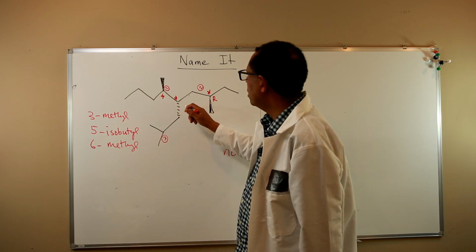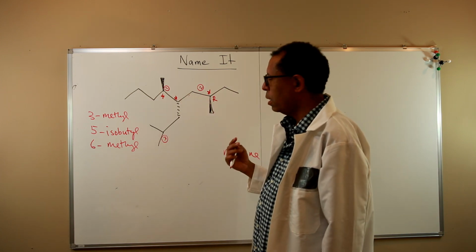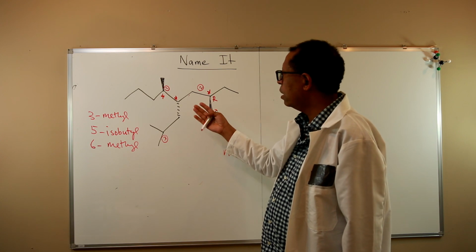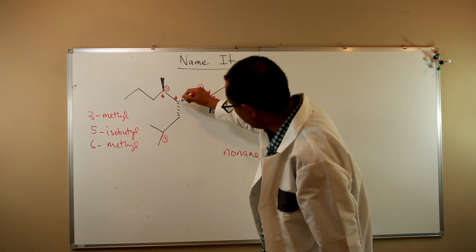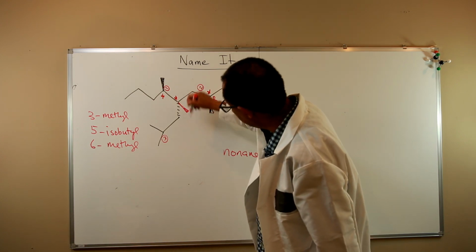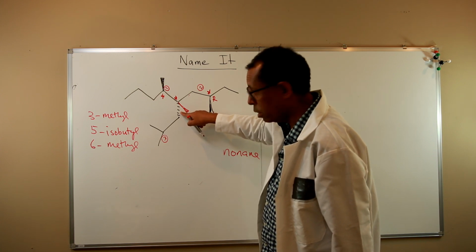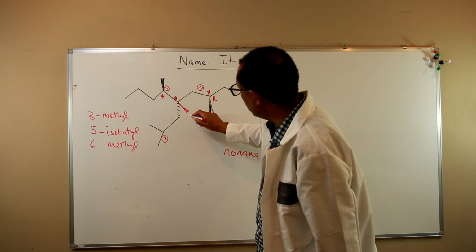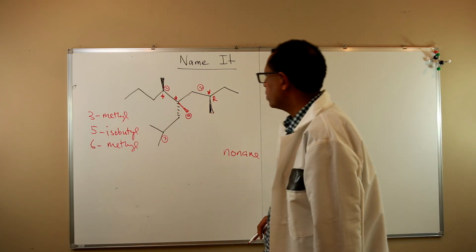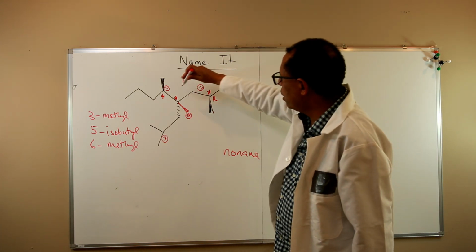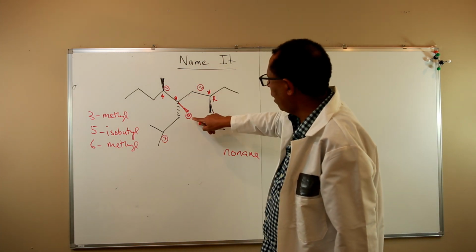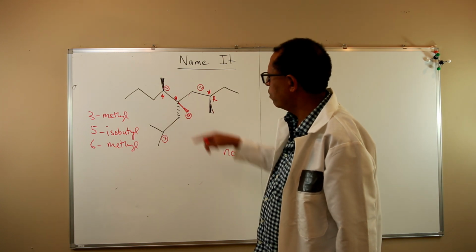The carbon is coming to me. It's not in the plane of the board, it is coming to us, because the absolute configuration is already determined. This is down, so 4 is up. So if I go directly 1 to 2, hydrogen should be at the back of the board.